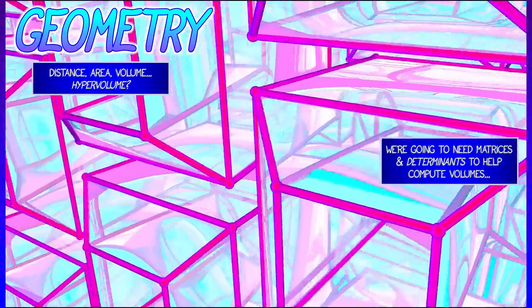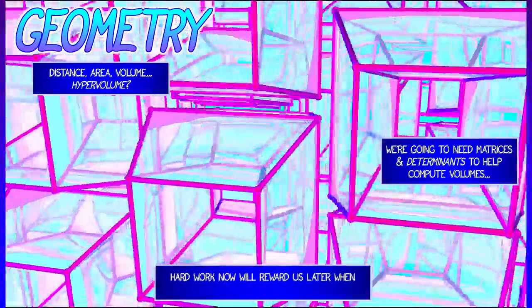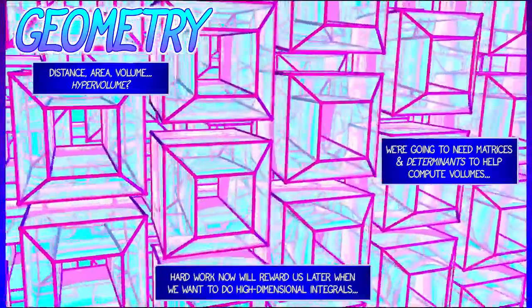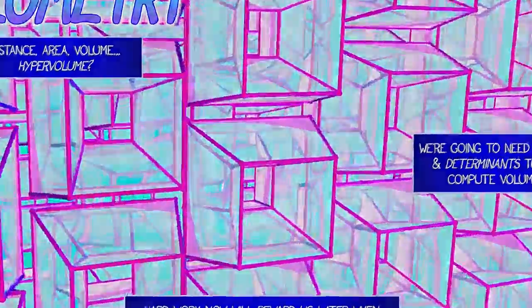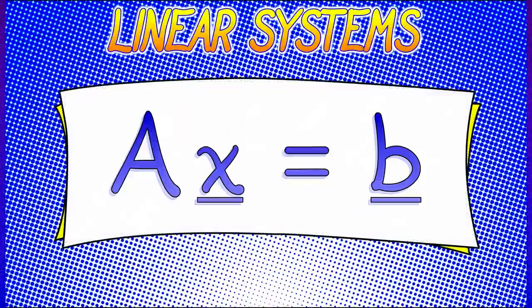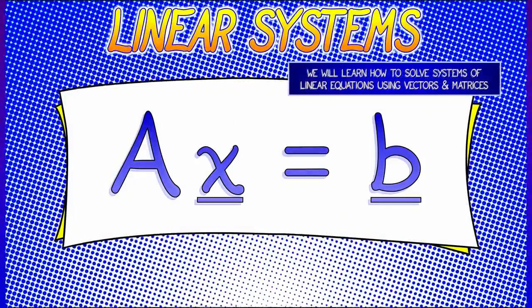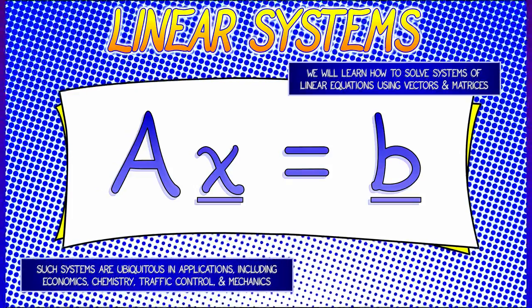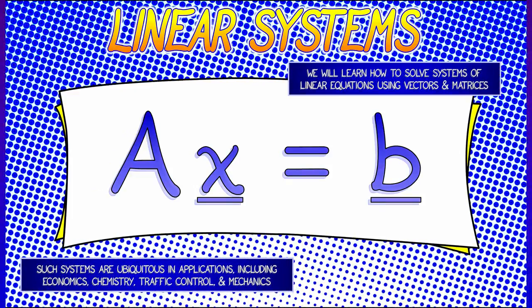And we're going to use matrices and especially determinants to help us compute volumes in high dimensions. This is going to be super useful when we do integration theory. We're also going to be solving linear systems, large systems of linear equations using matrices and vectors. And this is so useful in so many applications.